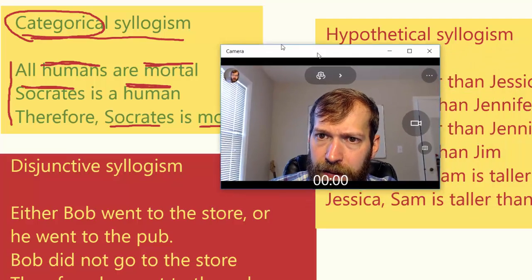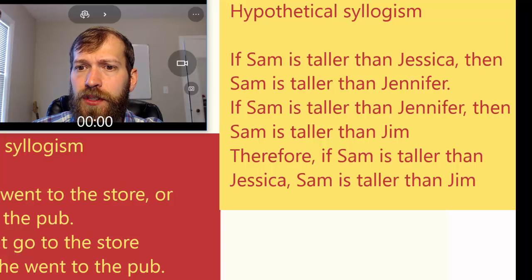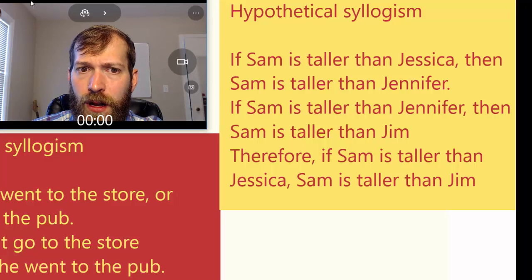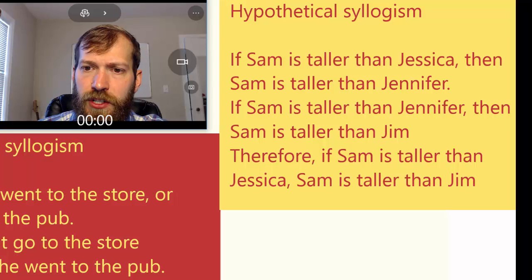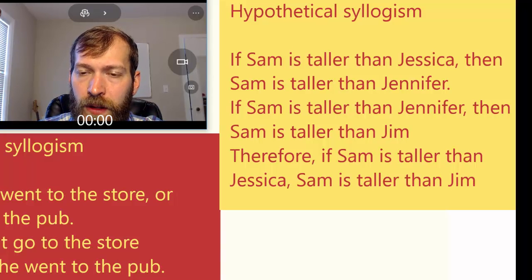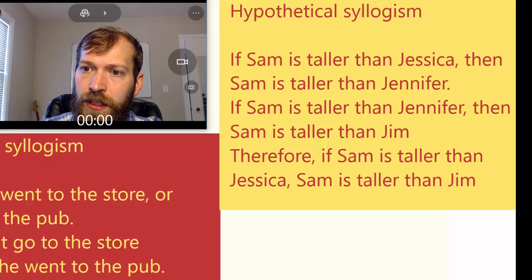And we can look at hypothetical syllogisms. Hypothetical syllogisms are syllogisms that take this if-then form. So in this case, if Sam is taller than Jessica, then Sam is taller than Jennifer.